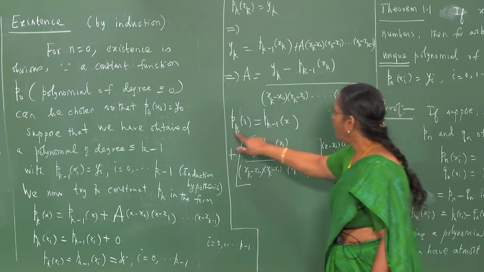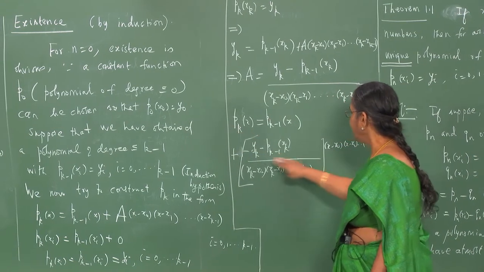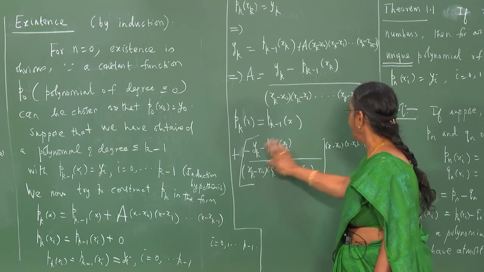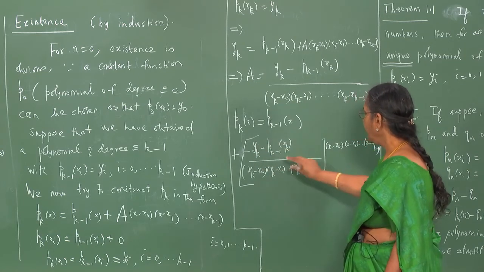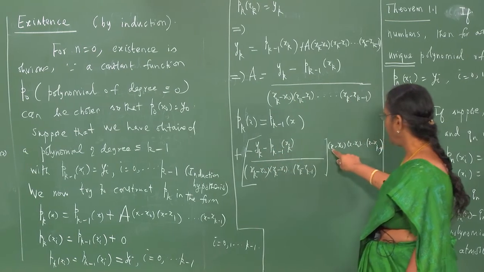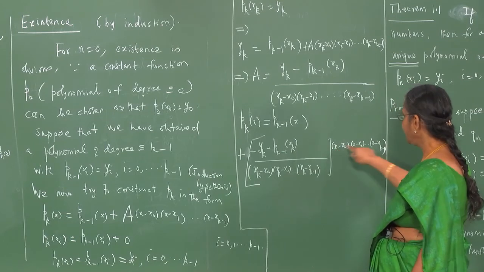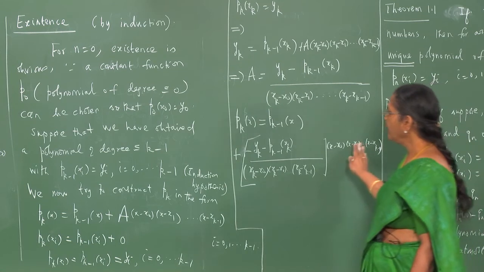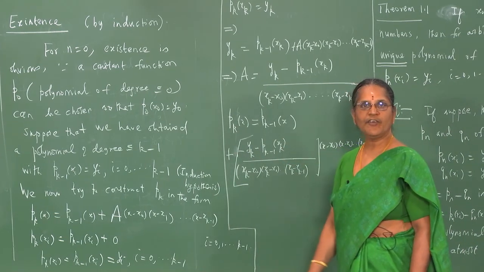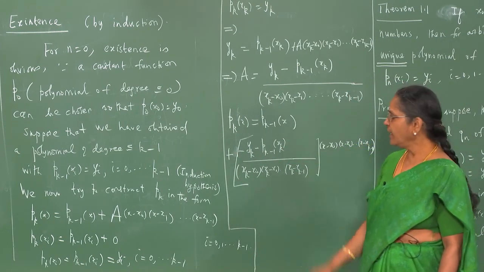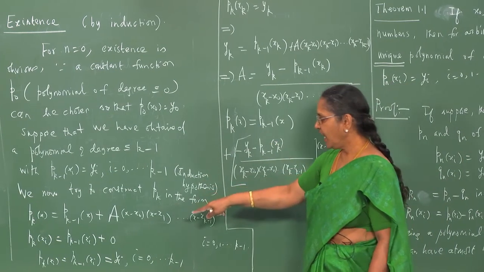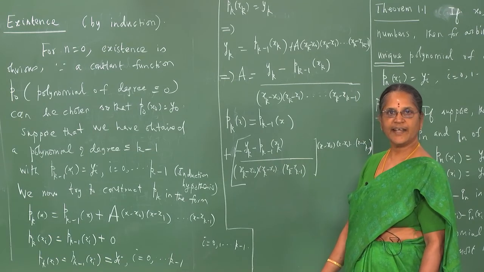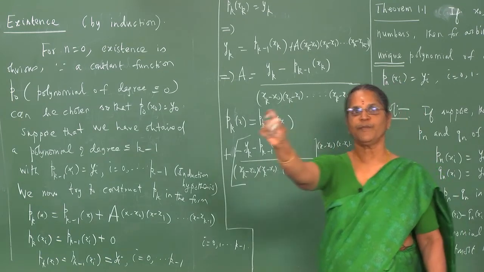So, your polynomial pk of x is a polynomial of degree k minus 1 plus a term involving this constant multiplied by some factors whose leading term is x to the power of k. So, you have constructed a polynomial of degree k that interpolates the function at a set of points x naught, x1, etc. xk. So, they are k plus 1 points.